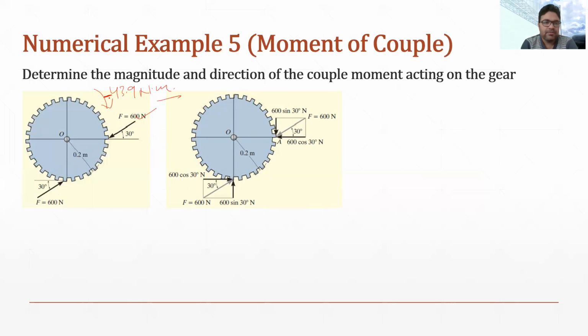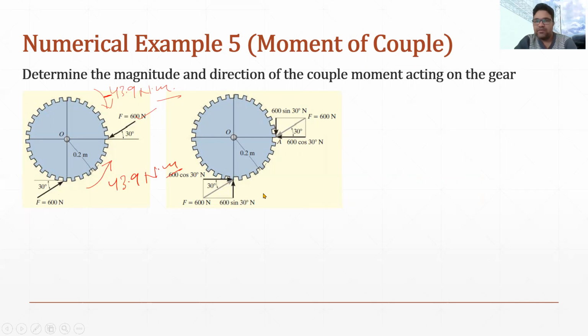Yes, the value will be negative, which means the moment magnitude would be minus 43.9 Newton meter. So the gear will rotate anti-clockwise actually, rotating in this direction, and the magnitude would be 43.9 Newton meter.